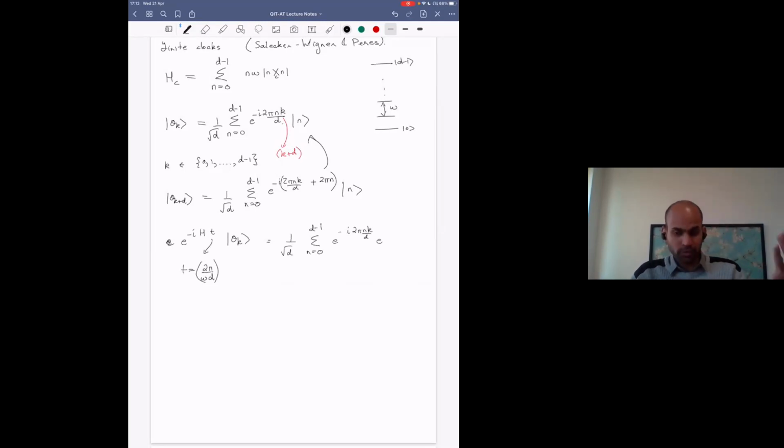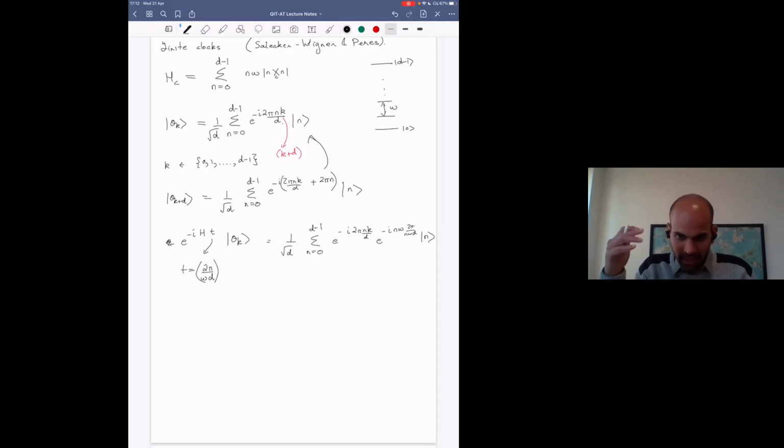And now the usefulness of writing things in the energy eigenbasis is that the Schrodinger equation in the energy eigenbasis gives just phases. And the phases are going to be e to the minus i times the energy of that state, which is n omega, times the time, which is 2 pi by omega d, on |n>.